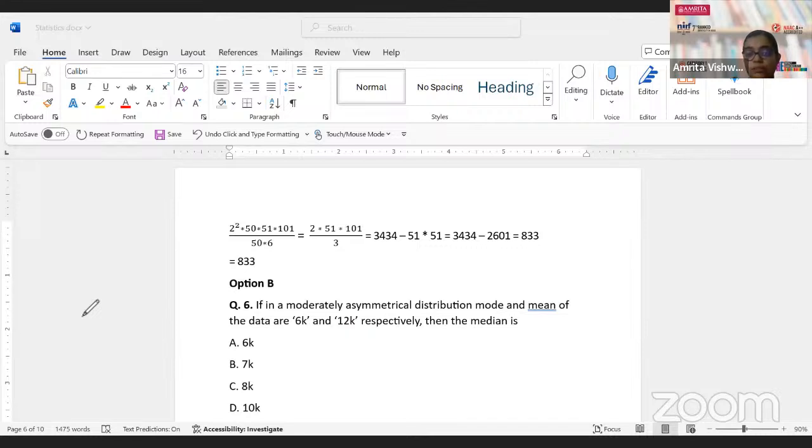Think of the formula, substitute the values, and you'll get the answer. Here mode is given as 6K and mean is given as 12K, and you have to find the median.